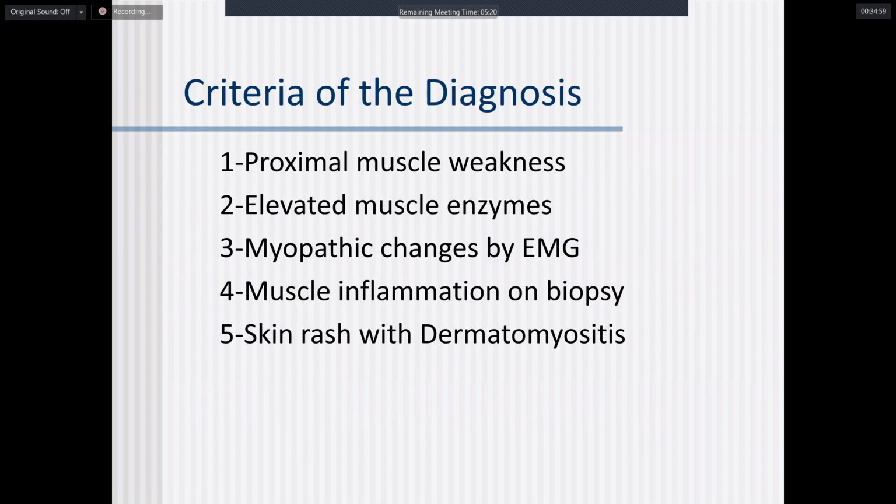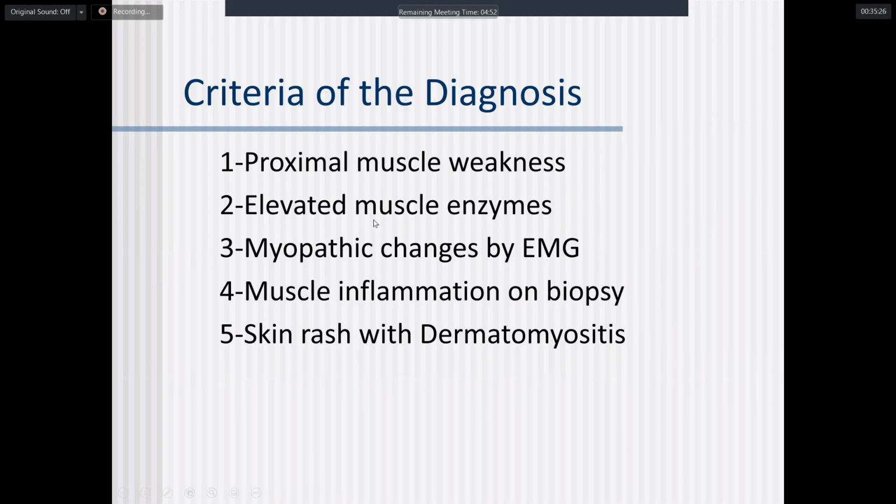The criteria diagnosis: proximal muscular weakness, elevated muscle enzymes, myopathic changes by EMG, muscle inflammation on biopsy, and skin rash with dermatomyositis. طبعا he has to have proximal muscle weakness and this is when we call it myositis. ولما يكون في عنده it's myositis اللي هو inflammation of the muscles.